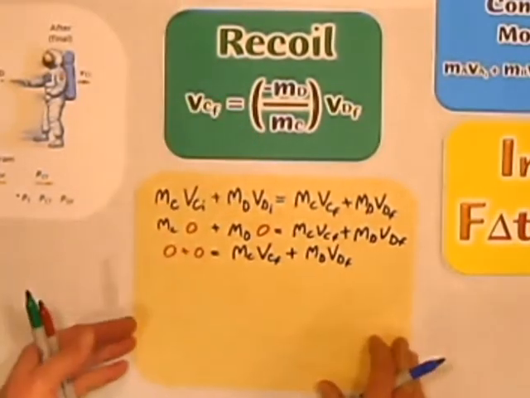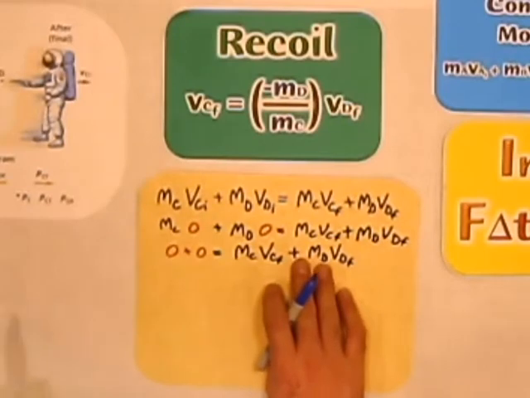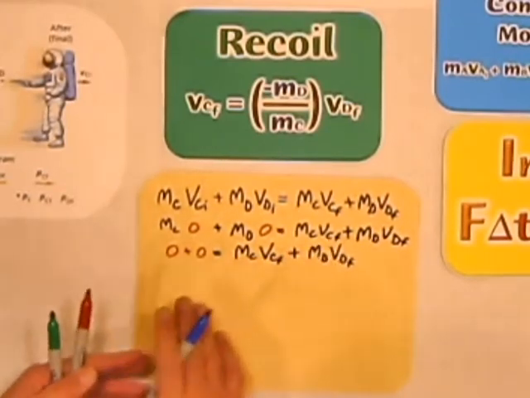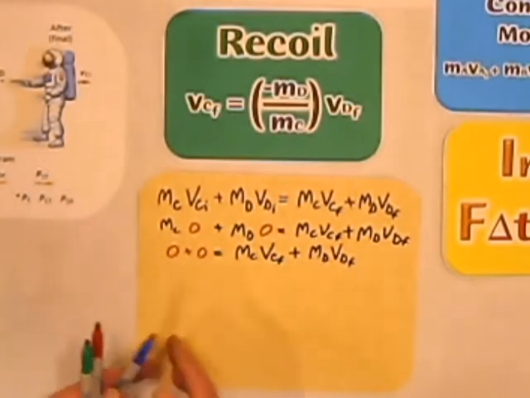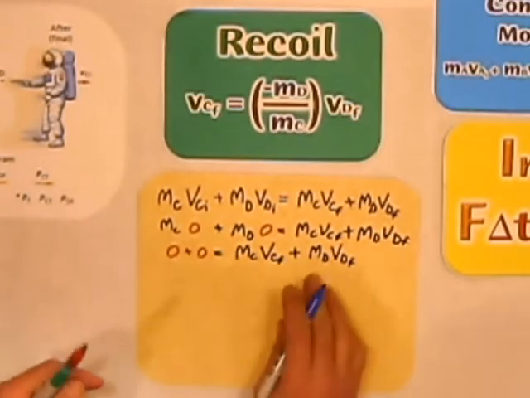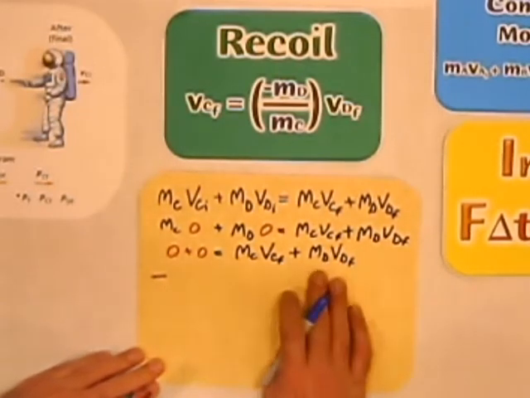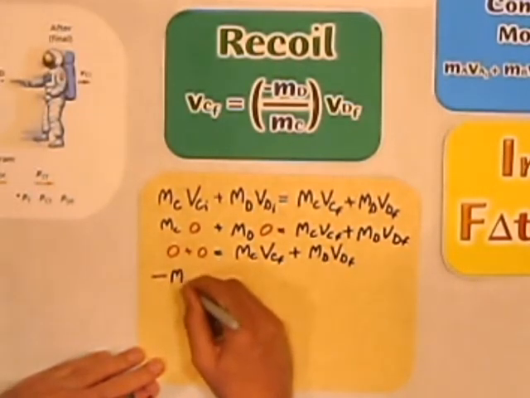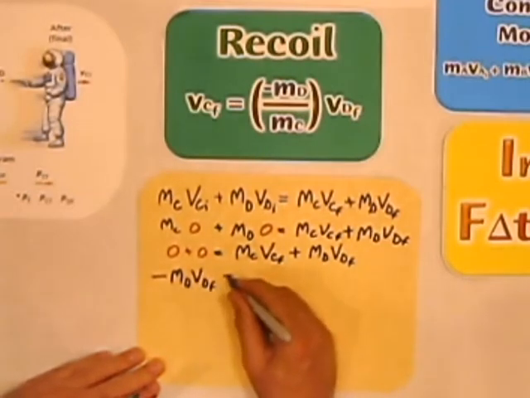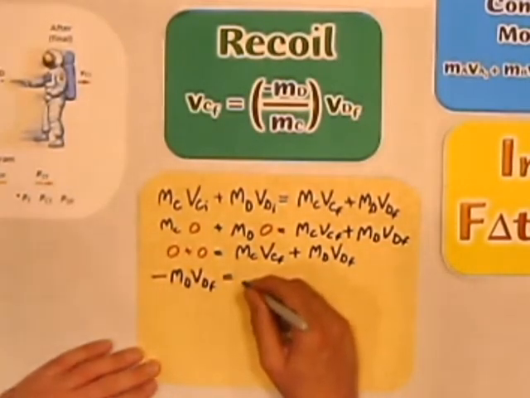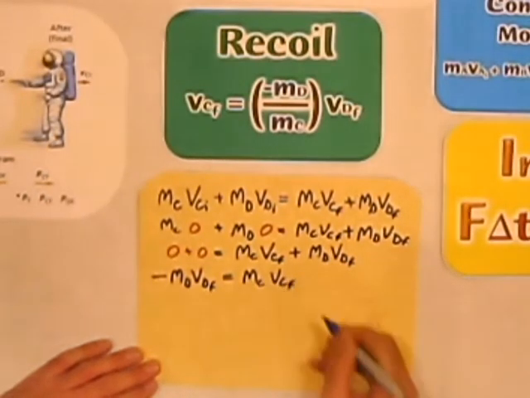If we want to get rid of its neighbors, we have to subtract both sides by this. If we subtract MD VDF from both sides, we get negative MD VDF. That's where that negative comes from. And that equals still MC VCF, right?